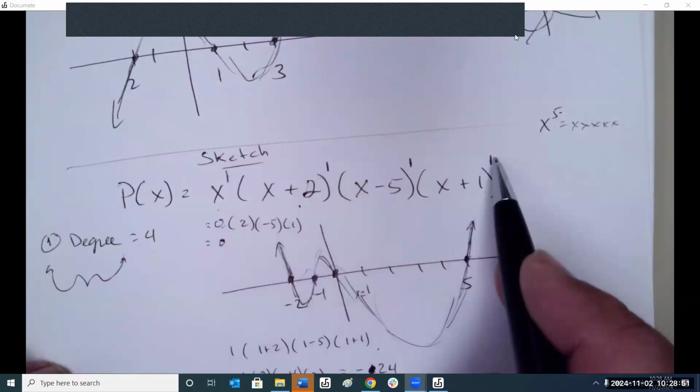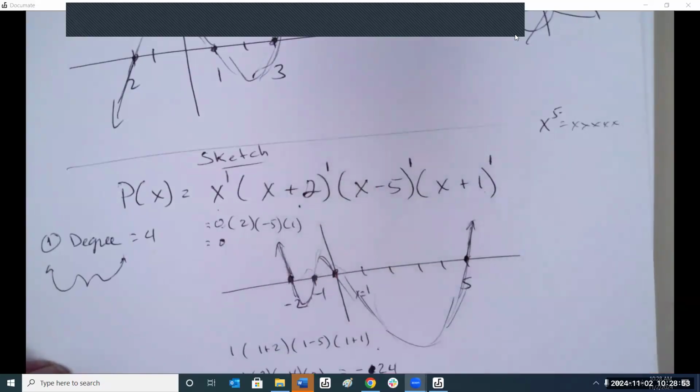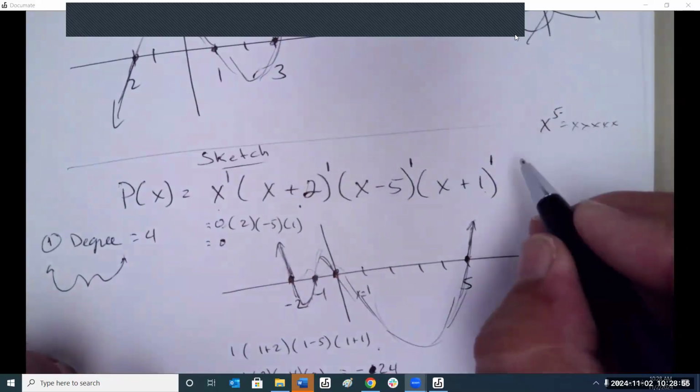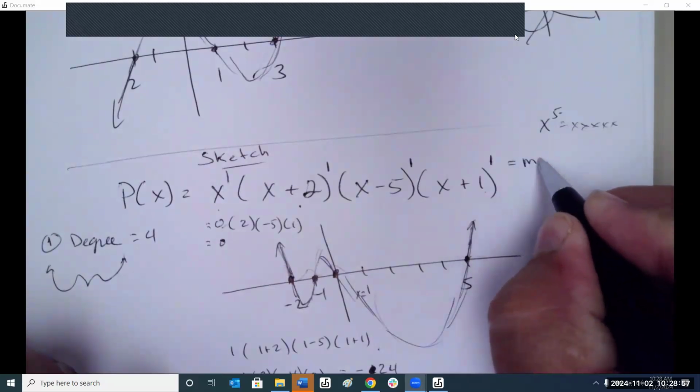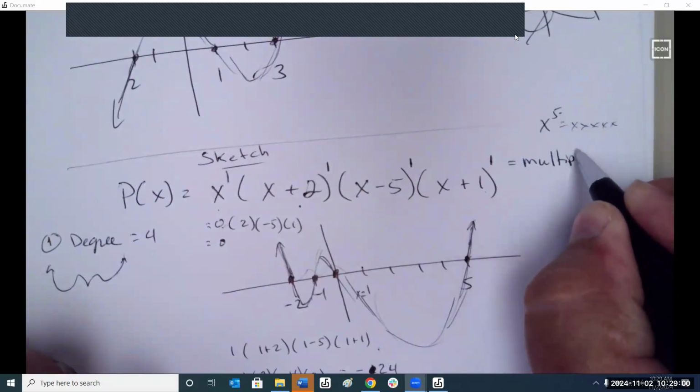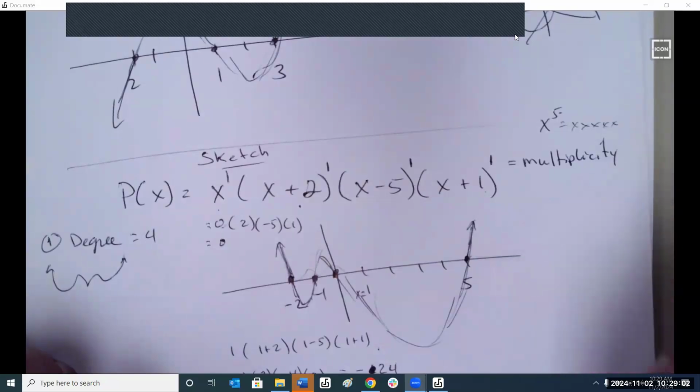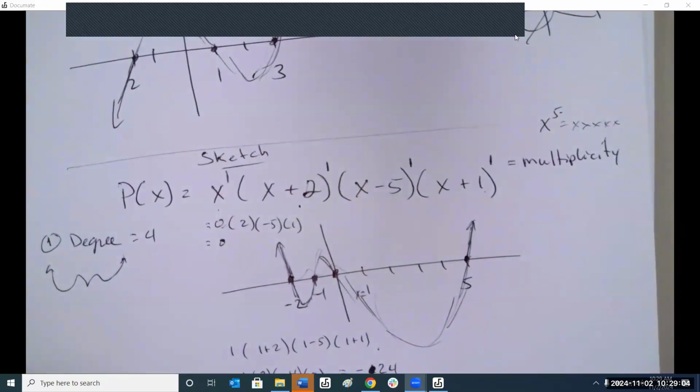So if any of these had had 2, at those points, it would bounce. We call these the multiplicity. The multiplicity is how many times that number multiplies by itself.